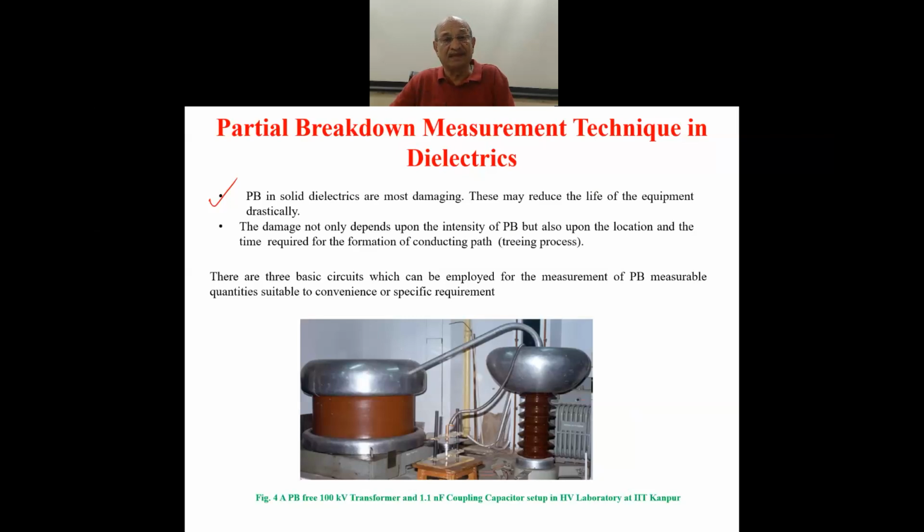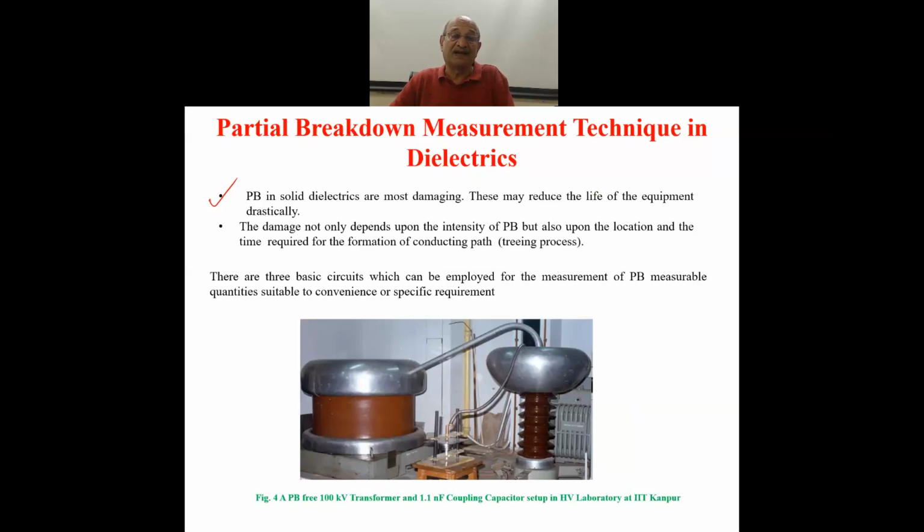And in this case, the repetitive current is there because as soon as the single discharge or say single breakdown takes place, the potential drops and it takes time to build up the potential once again to the level where the breakdown can take place again. So this is a repetitive pulse of discharge current due to breakdown.